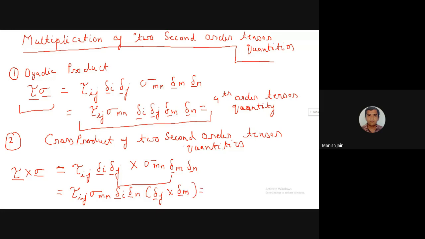Now when you take the cross product, here you will get tau ij sigma mn, and the alternating unit tensor will come, epsilon j m, and you introduce a new index l, then you have the remaining unit vectors del i del n and del l. This is the new one which comes due to the cross product.